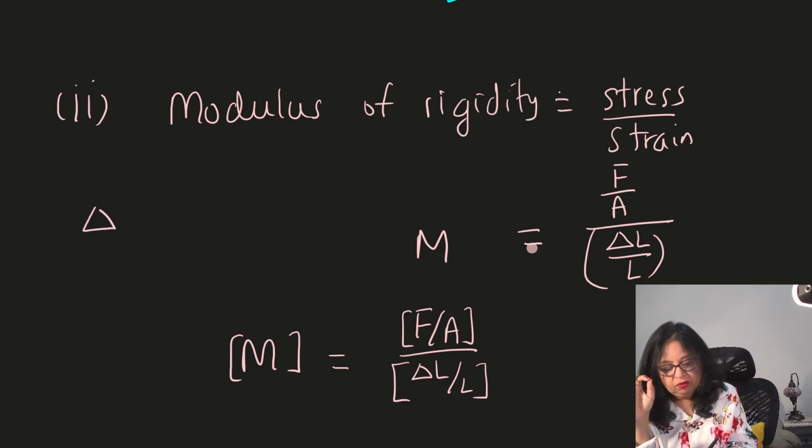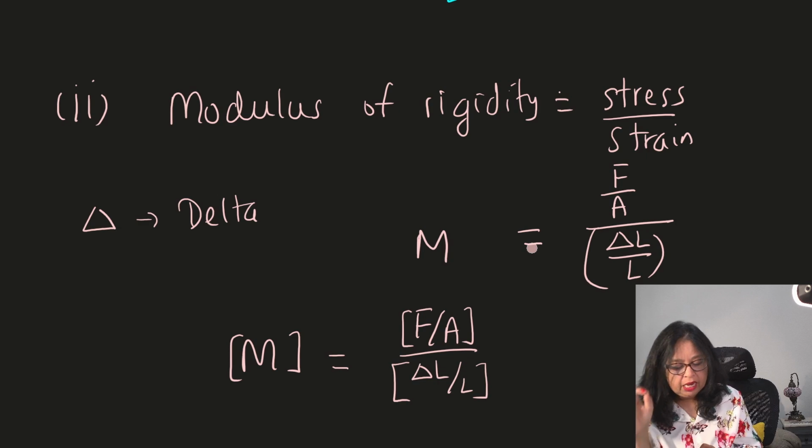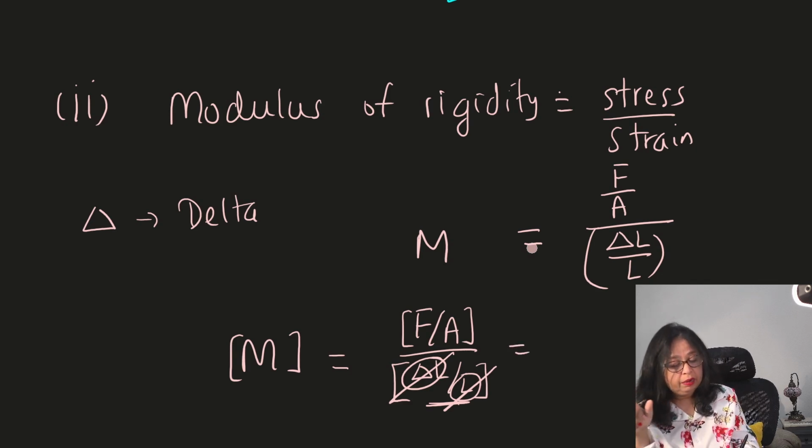You know the symbol delta, like a triangle, it means change. And at the bottom I have length. So delta L and L both have the same dimensions, same units. Therefore, the dimensions cancel out, and I'm left with the modulus of rigidity equal to the dimensions of force per unit area.